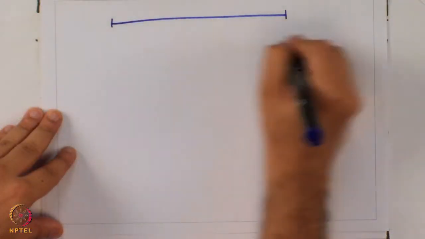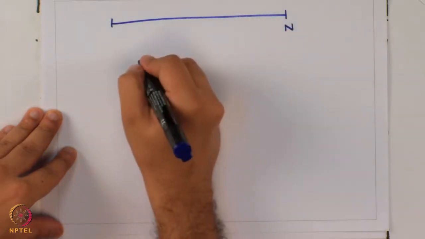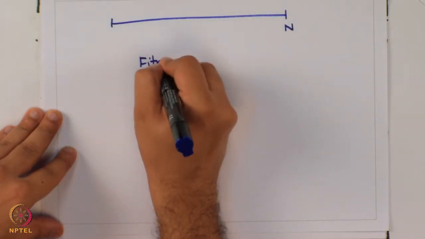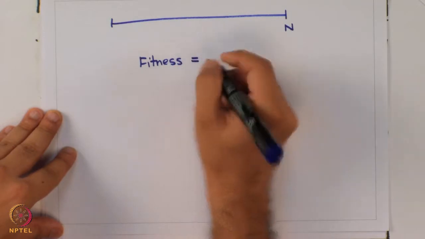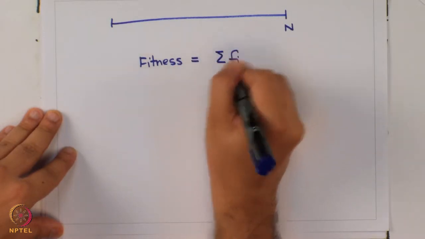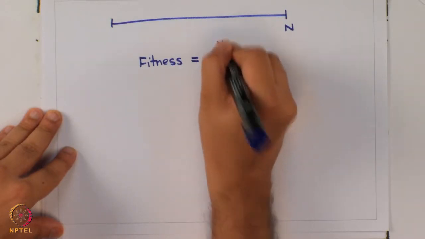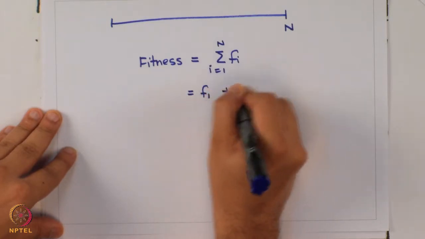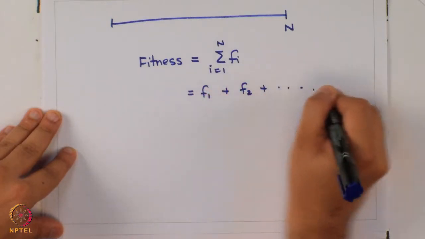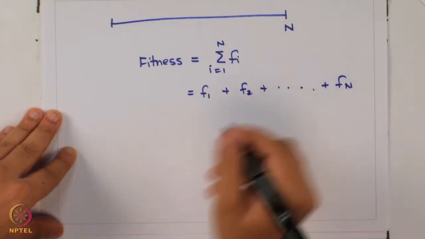so again for sake of clarity, let us redraw this. The length is N, and fitness is equal to sigma Fi, i going from 1 to N, which is equal to F1 plus F2 plus Fn.